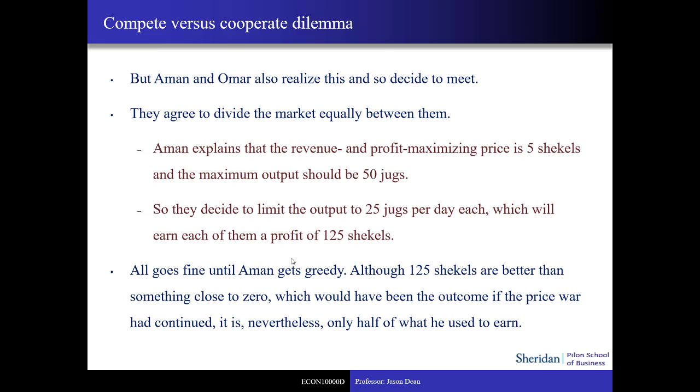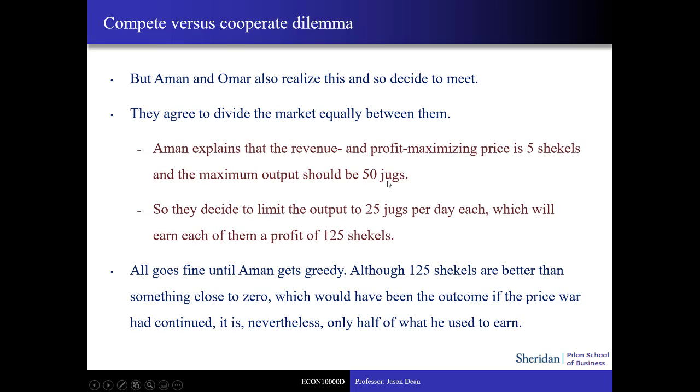Now, of course, both of them are going to realize this isn't an optimal situation. This is terrible. So they're going to realize they could probably collude. Their best bet is to work together. So what they would want to do is produce the monopoly quantity that would maximize profit.